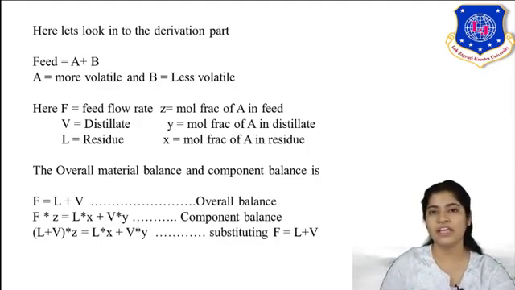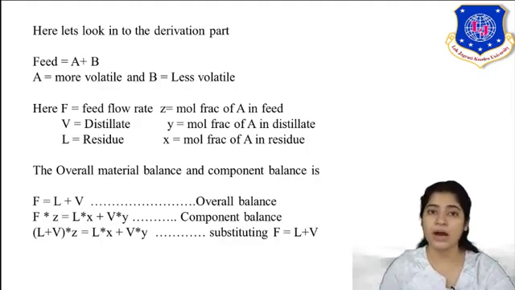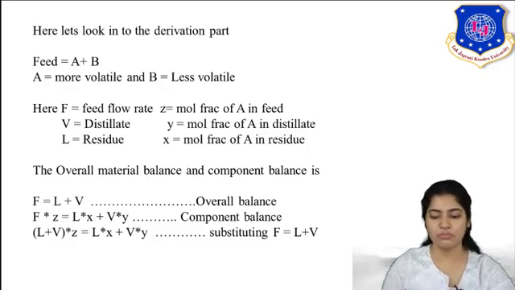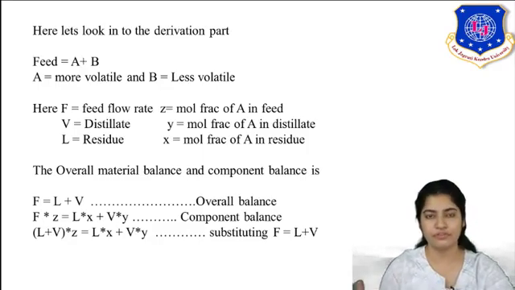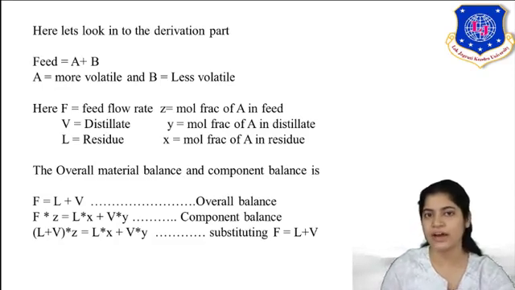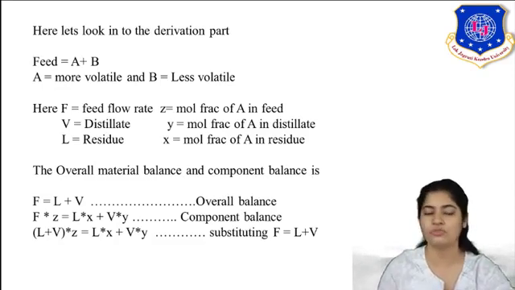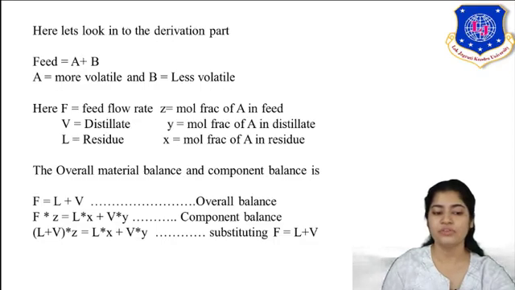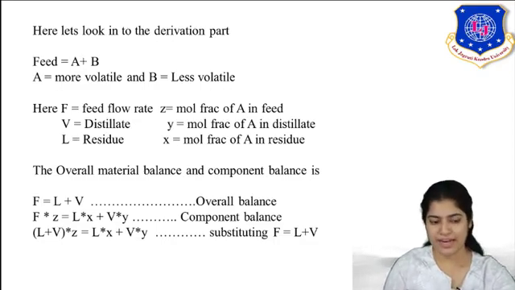It might be in kg per hour. Let's take the flow rate. In the exam it might be specified as kilomole per hour, kg per hour, or just simply kilomoles.